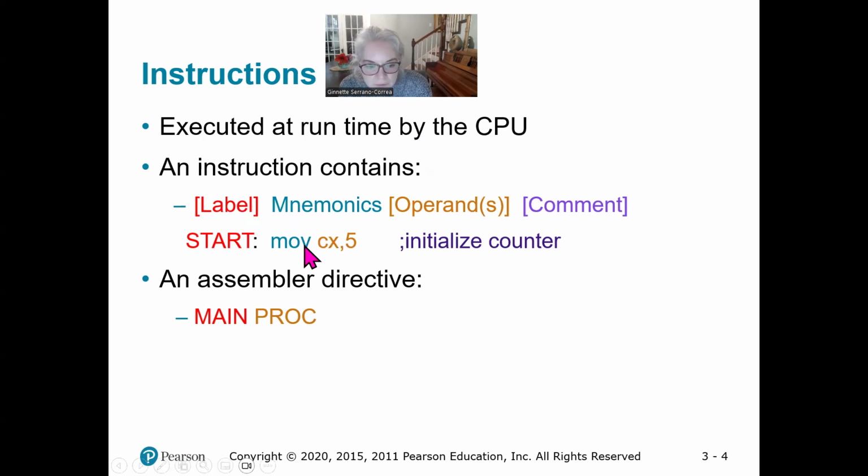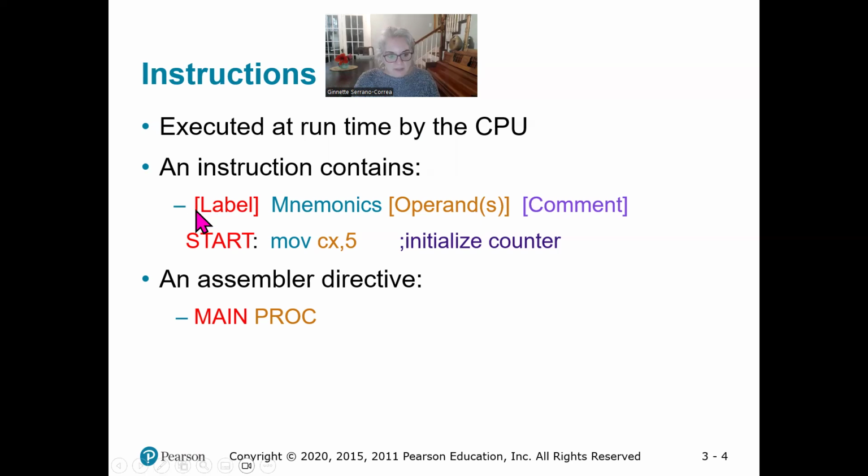So when we write an instruction, we can start it with a label. Here it has a label called start. These labels can be used for jumping. So in assembly, you can jump to a certain part of a program. You would say jump to start. And if you're at this point here, you could jump back to the beginning.